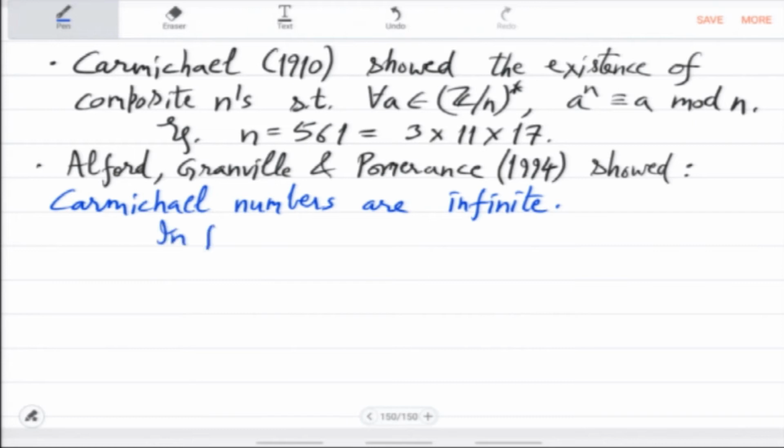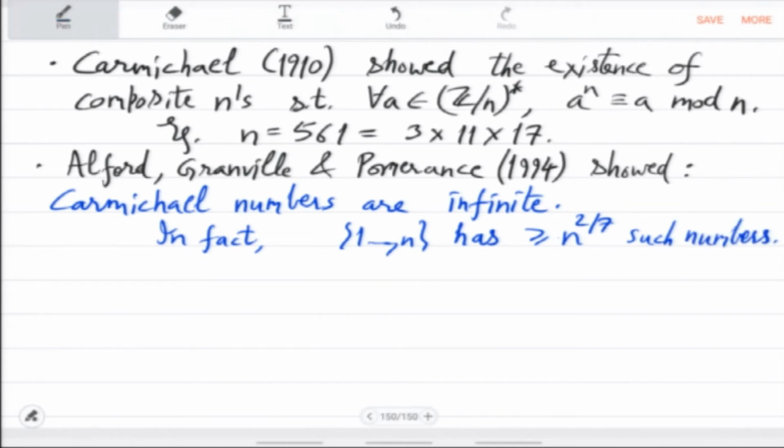They also gave a density lower bound. In 1 to n there are at least n to the 2 by 7 such numbers. So they convincingly show that the Fermat test fails horribly. There are a lot of counterexamples, even if you try all the A's.